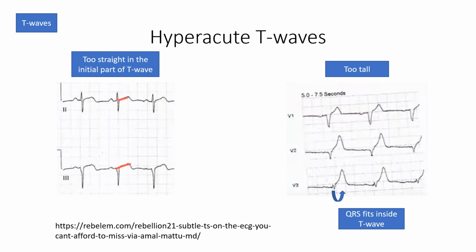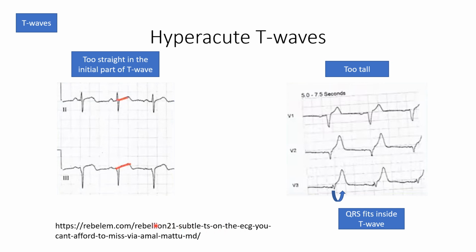But if they're quite broad-based, you want to sit on them and they're relatively really big, then they're hyperacute. Hyperacute meaning imminent, or mainly reperfusion actually, but also partly imminent OMI. So a really important sign to know.